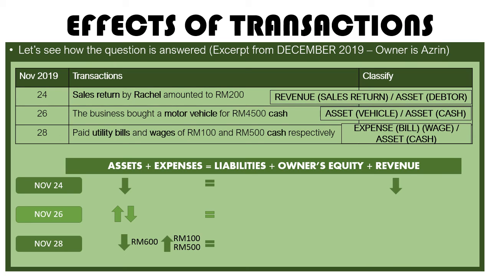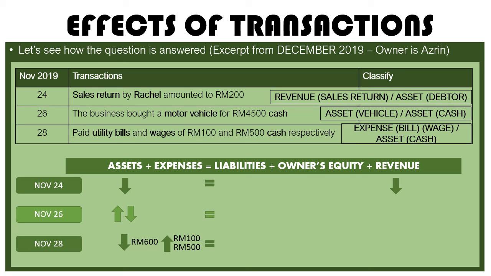Okay, untuk ni pula sales return tadi tu, saya cakap revenue berkurang kan, patut asset berkurang kan. Patut asset berkurang, revenue pun berkurang, equation remain balance. Okay, November 26 pula, asset dia bertambah, sebab dia beli motor vehicle, guna cash dia berkurang lah. So the equation remain balance.